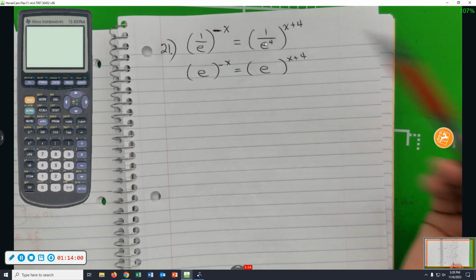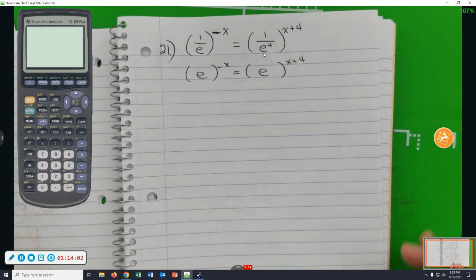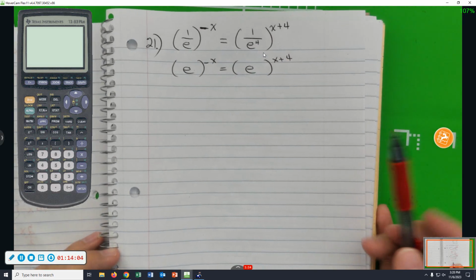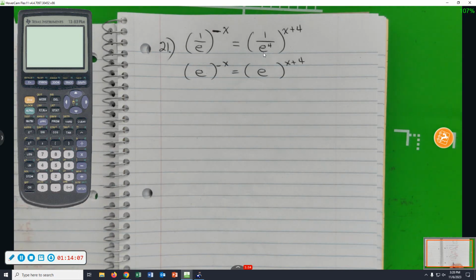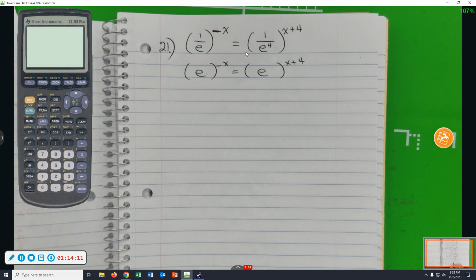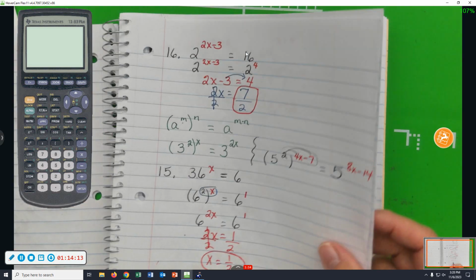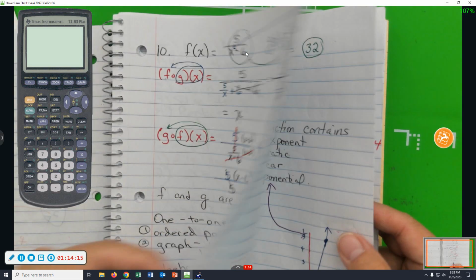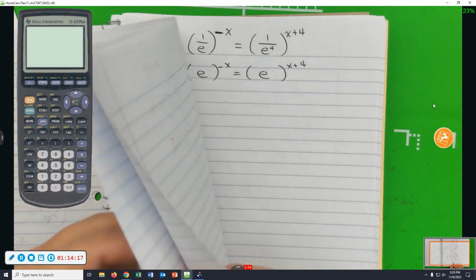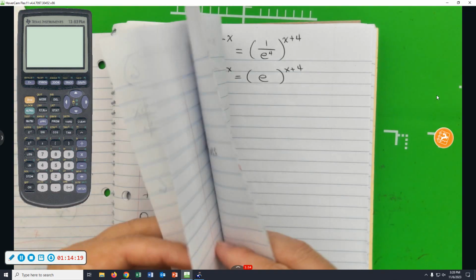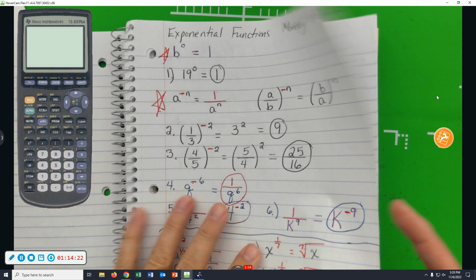How do I rewrite 1 over e to the fourth using just e to a power? Remember what we were doing earlier? Where is it? Okay.